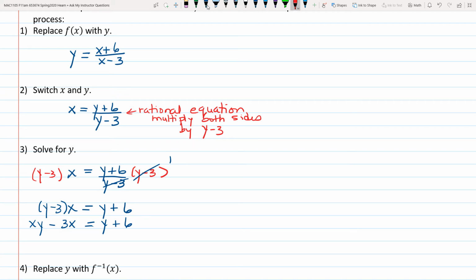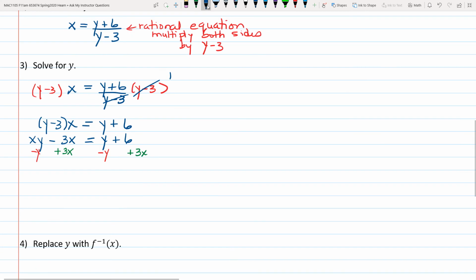So I'm going to move this y that's on the right over to the left by subtracting y from both sides. But I'm also going to move this 3x from the left over to the right. That way I'll have all my y's on one side and everything else on the other. So we'll have xy - y equals 6 + 3x, or 3x + 6. The order doesn't matter since addition is commutative.